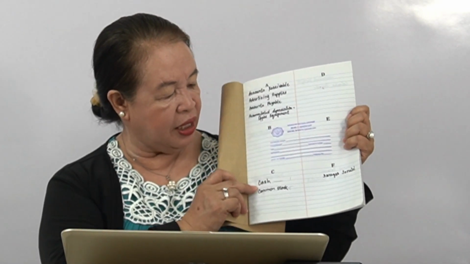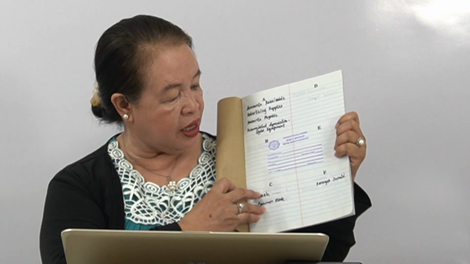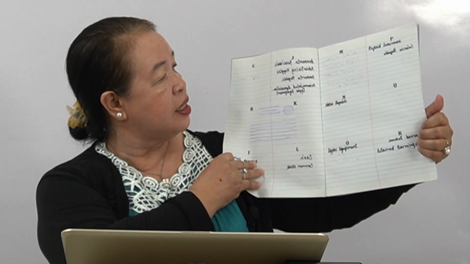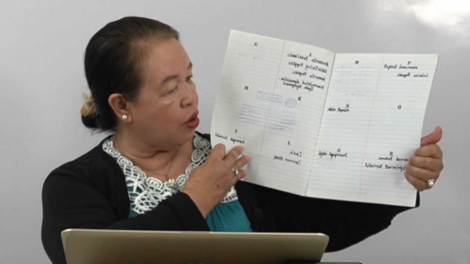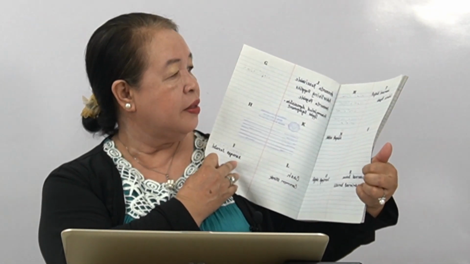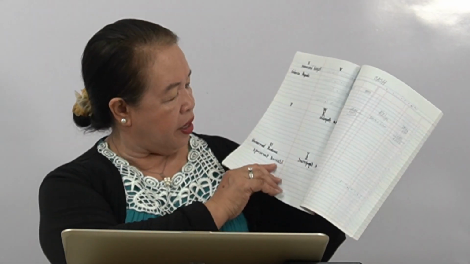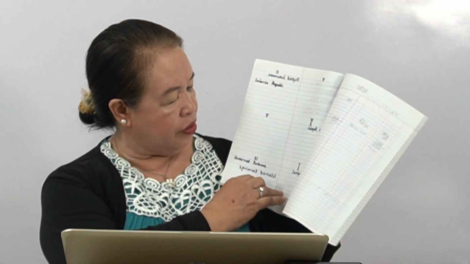Sa C, nandyan yung cash, nandun yung common stock. Sa I, nandyan yung interest expense. Sa N, nandyan yung notes payable. Sa O, office equipment. And then sa P, prepaid insurance. Sa S, salaries payable. Sa U, unearned revenues.